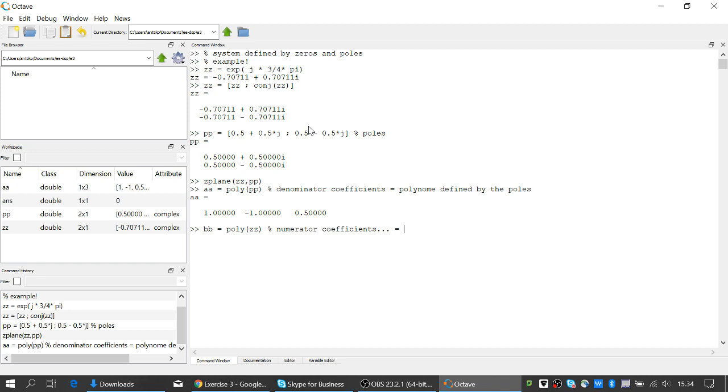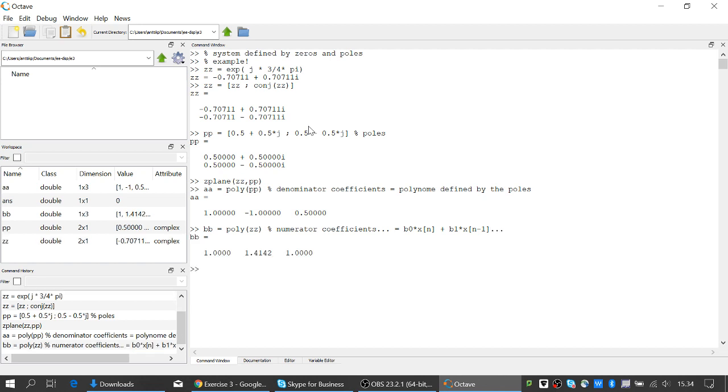This is the same as b0 times x of n plus b1 times x of n minus 1, and so on, in this difference equation. Those are their corresponding coefficients. And again, quite easy to calculate that one too.